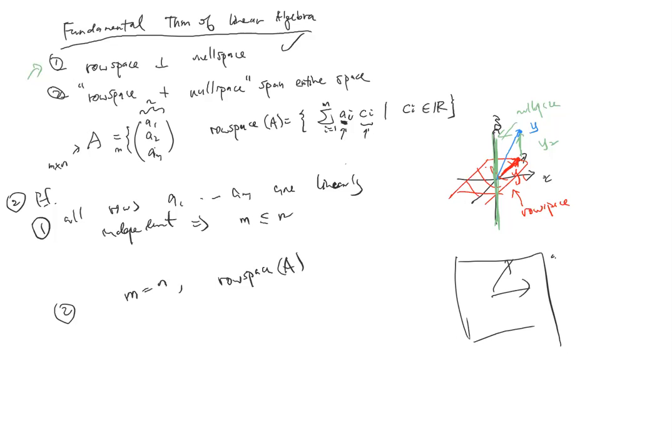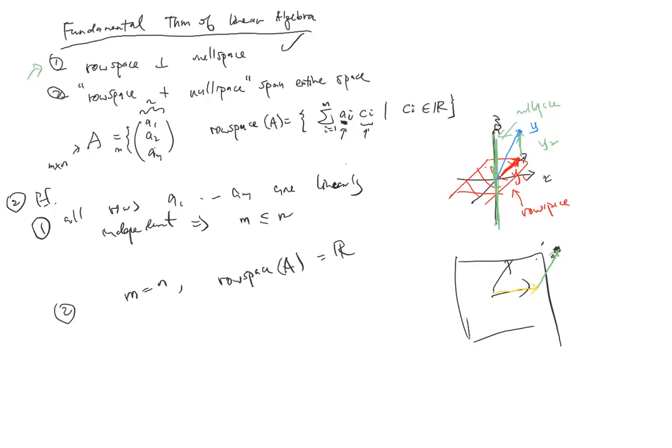Then if you give any point here, it can be considered as a linear combination of this vector added with this vector here, right? Therefore, any point in the 2D space can be expanded this way, so this will cover the entire space.